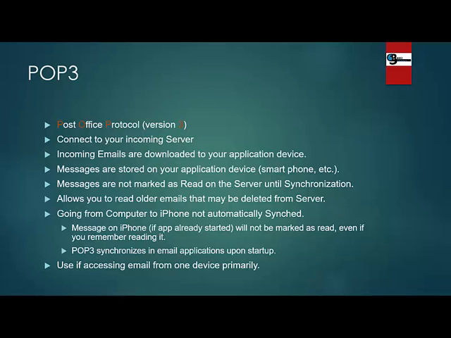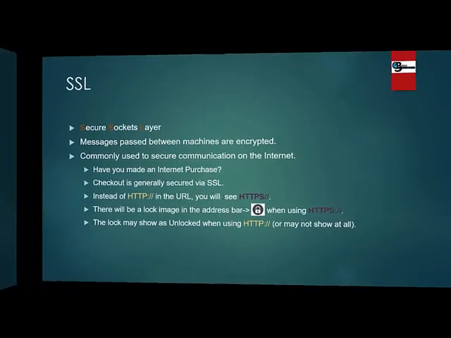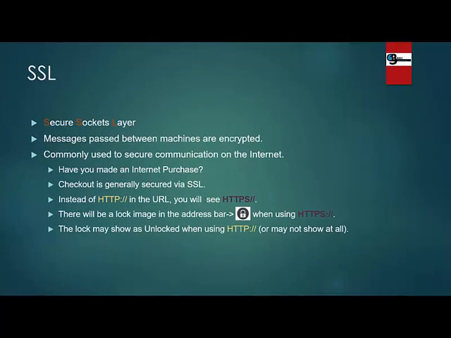An additional thing that we're going to set up when we use our email addresses is a tool called SSL, Secure Sockets Layer. Secure Sockets Layer is set up for encryption of our communication from one machine to another.